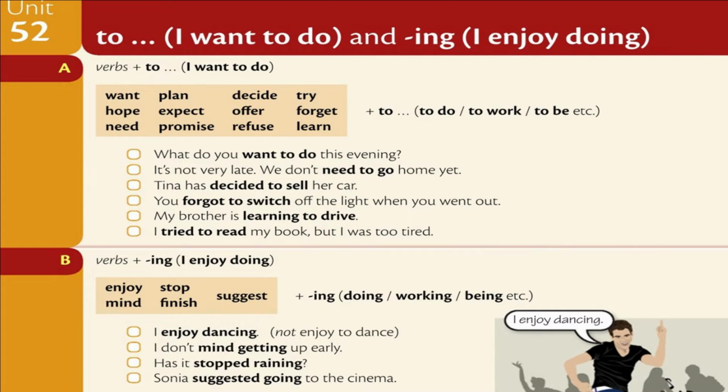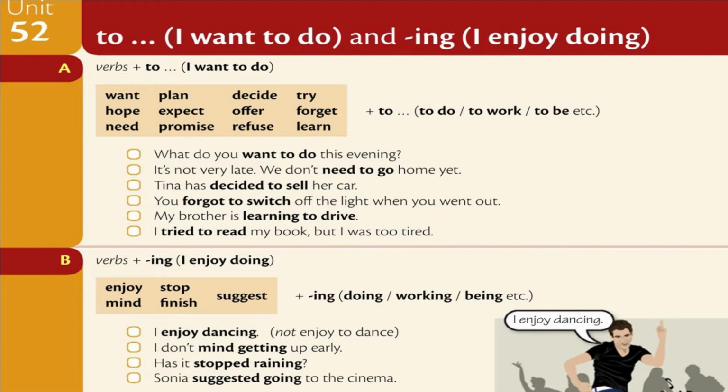What do you want to do this evening? It's not very late. You don't need to go home yet. Tina has decided to sell her car. You forgot to switch off the light when you went out. My brother is learning to drive. I tried to read my book, but I was too tired.